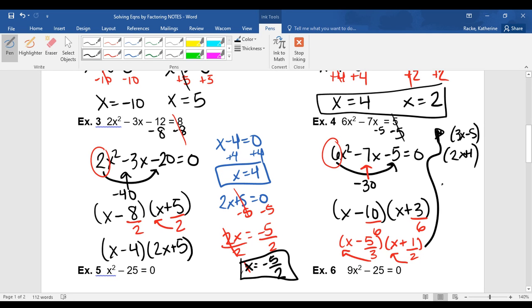Okay, setting them both equal to 0. 3x minus 5 equals 0. Solve for it. Plus 5 on both sides. Cancels out. 3x equals 5. Divide by 3. Cancels out over here. X equals 5/3. 2x plus 1 now.